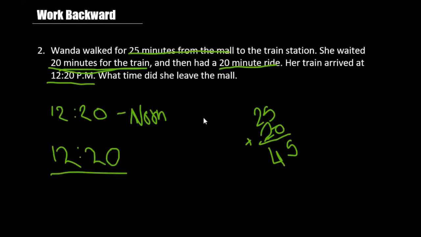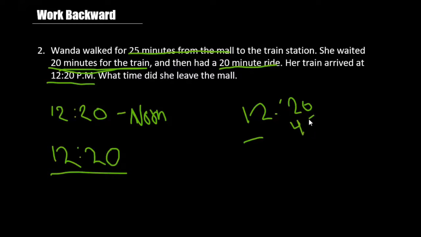Now we have to subtract 45 minutes from 12:20. There's only 20 minutes here, so an easier way is 45 minus 20 is equal to 25.